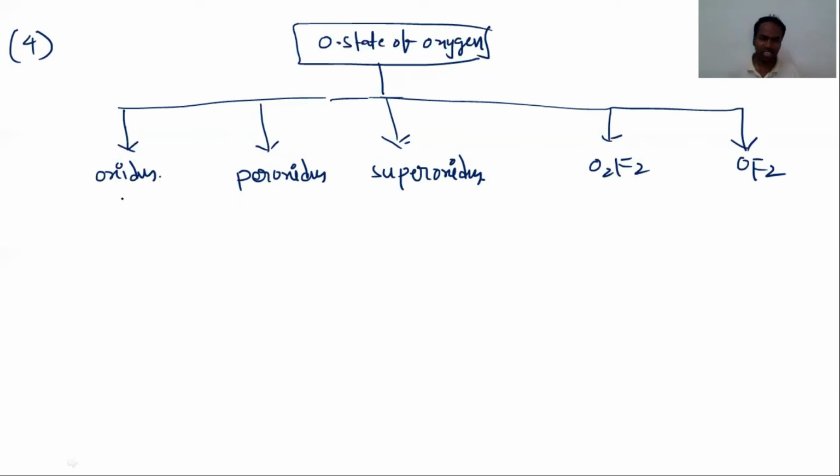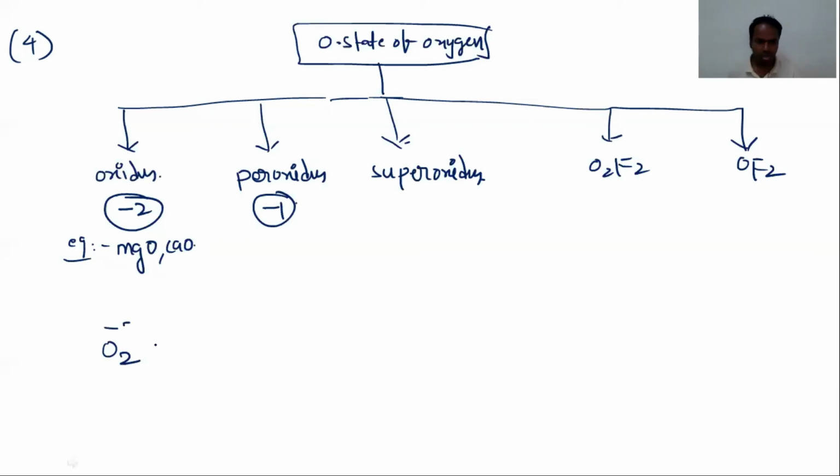In oxides, the oxidation state of oxygen is -2. Examples of normal oxides: magnesium oxide, calcium oxide. Now take the peroxides. In peroxides, what is the oxidation state of oxygen? -1. So O2 -2 is called the peroxide ion.